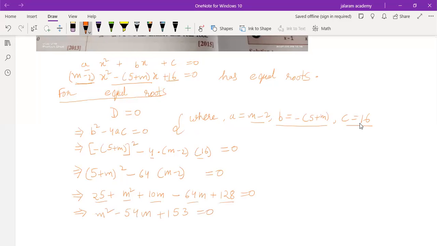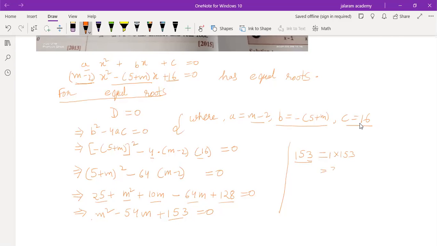So now we find the factors of the product of the coefficient of m square, 1, and the constant term 153. So their product is 153 and we have to find factors of 153 whose sum is 54. First we write 1 into 153 but their sum is 154. We require 54. It is not divisible by 2.